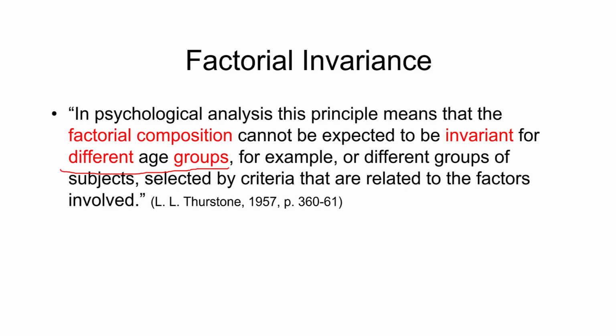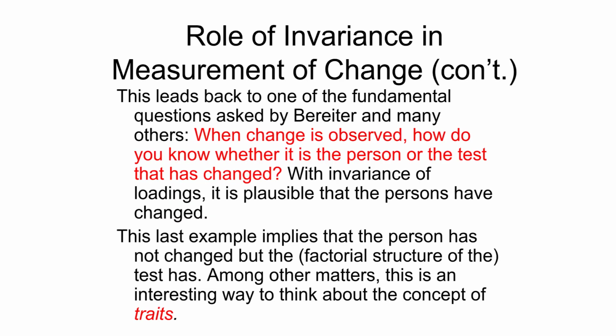Something like intelligence, it makes sense that as you age, intelligence as a factor changes. For somebody who's 2 years old, number of words known is probably the biggest variable related to intelligence. But as you get older, things are different, and so the structure of intelligence changes. We might have groups that the structure changes for too. So this is an important thing.